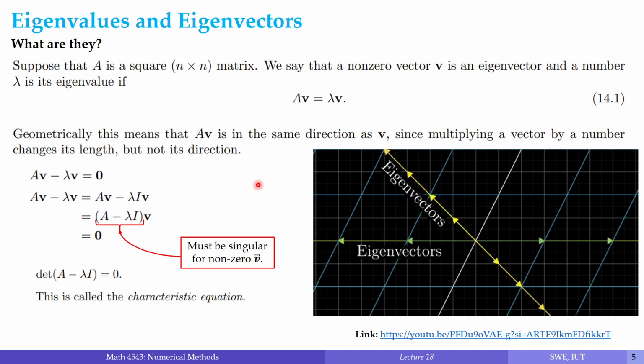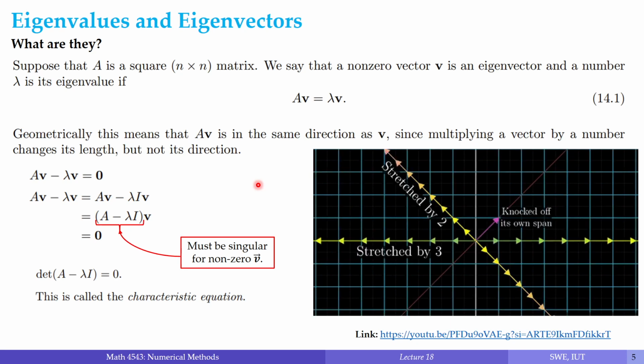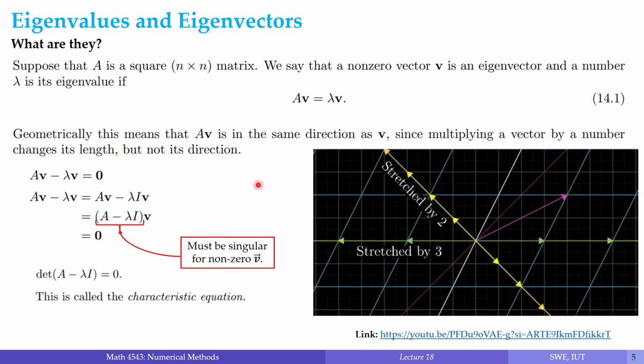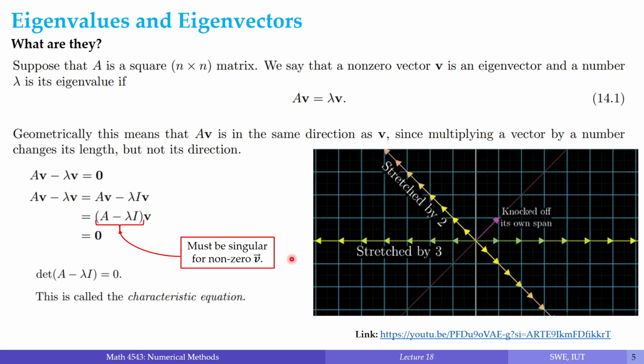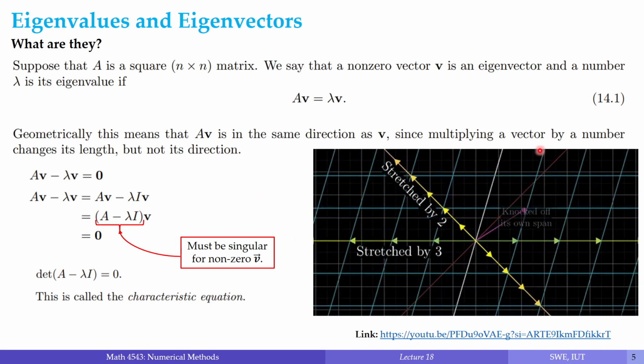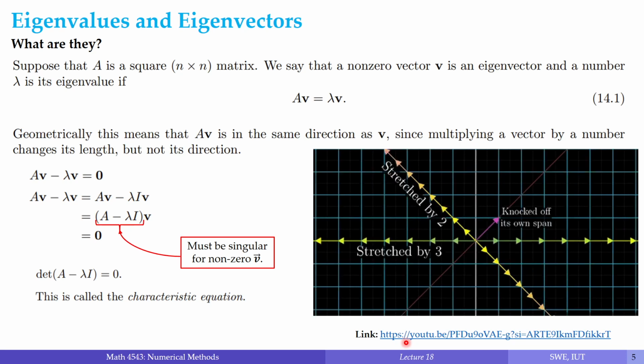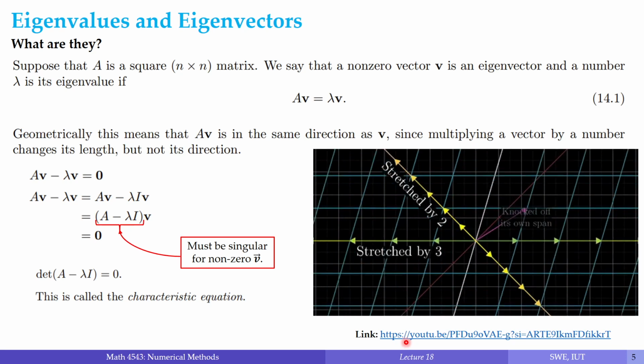So the go-to playlist that every student watches to visualize these abstract concepts of linear algebra is The Essence of Linear Algebra by 3Blue1Brown. This GIF is taken from the eigenvalues and eigenvectors video of that playlist, and you can click on this link to watch that video. Highly recommended if you have not already watched it.